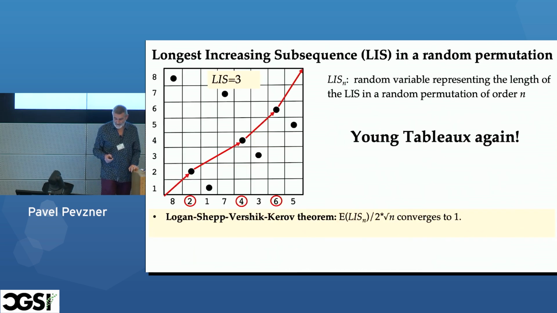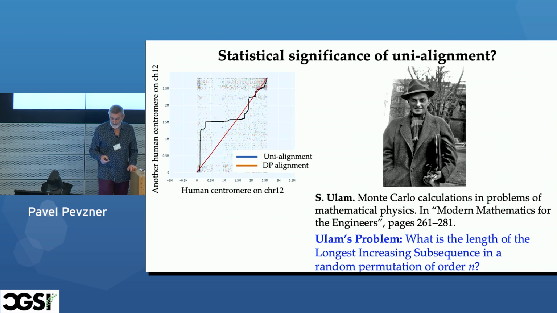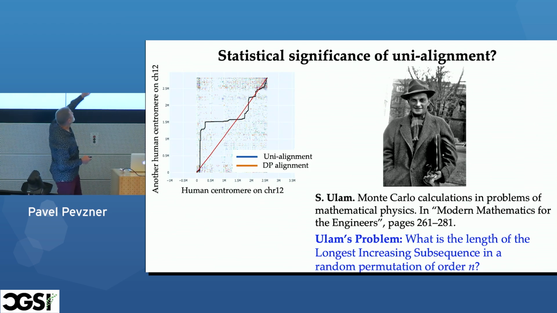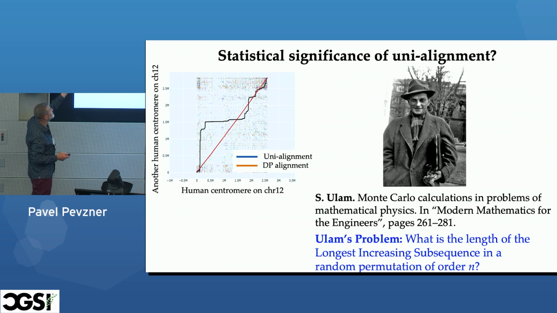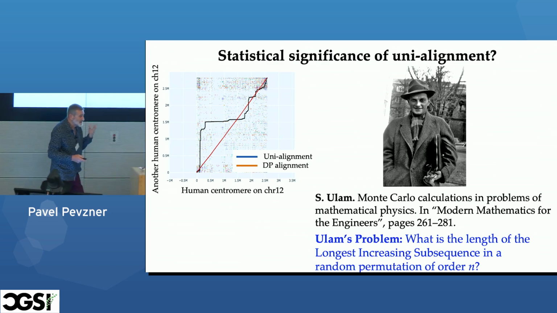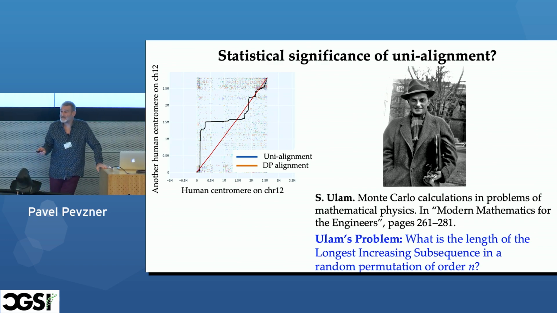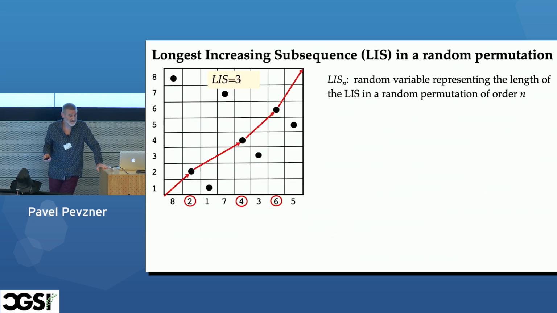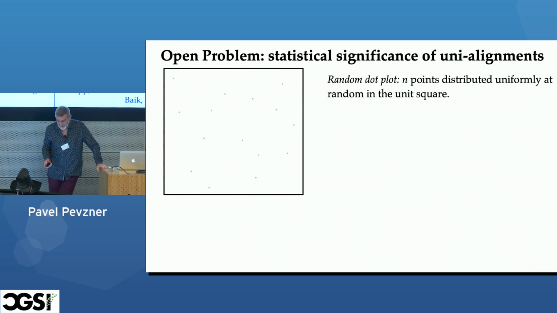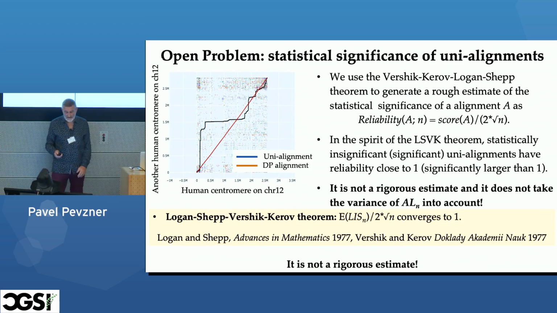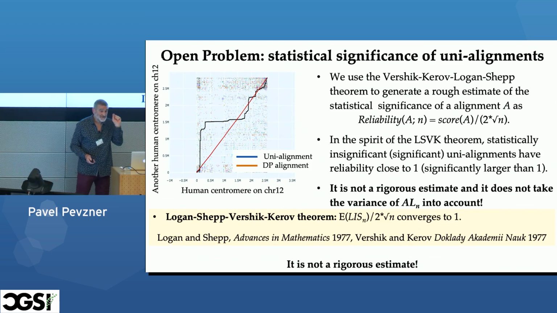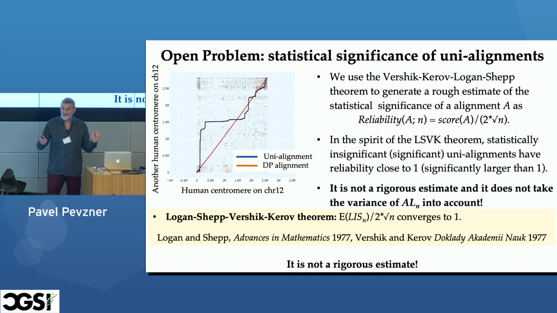And I'm returning to the plot I started with. If you look at the dot plot here, it doesn't reveal any sequences, any visible similarity, right? That tells us that maybe there is no signal left here. Maybe the centromeres are too distant. Anyway, using this analogy, and it is not a rigorous estimate, that's why it's an open problem for you to think about. I cannot solve it, it's very complicated.